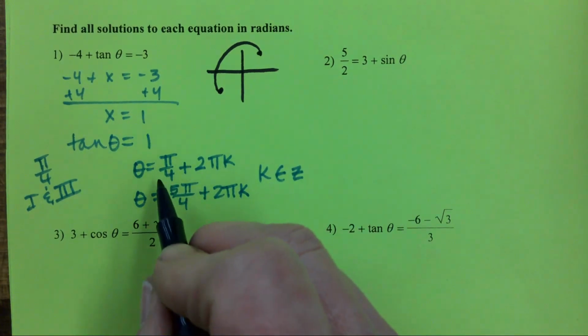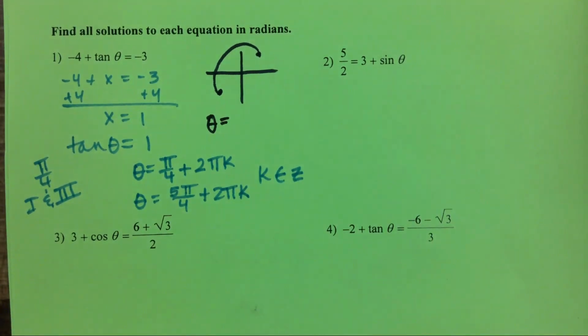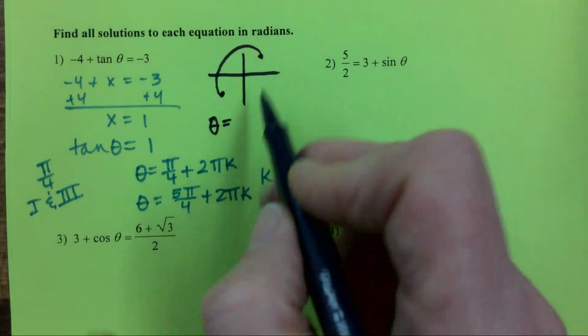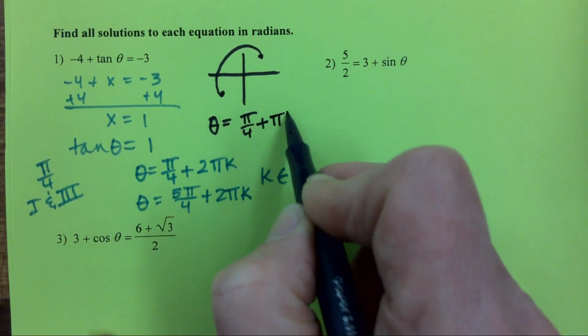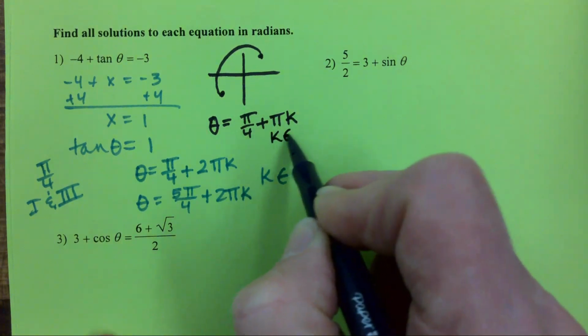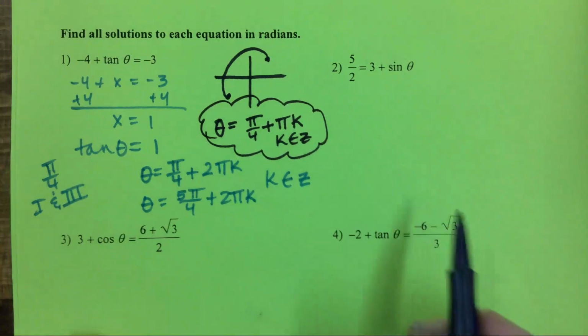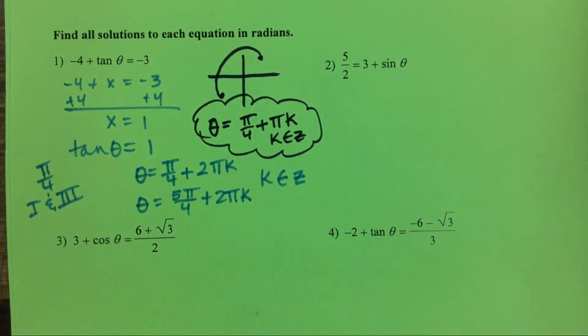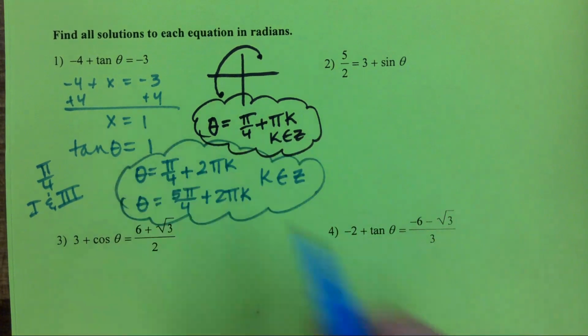So on occasion, you will see this written in a more compact form, and that would be pi over 4 plus pi k, where k is an element of the integers. So this is an acceptable answer, and this is an acceptable answer. And if it's multiple choice, you might get one of each.